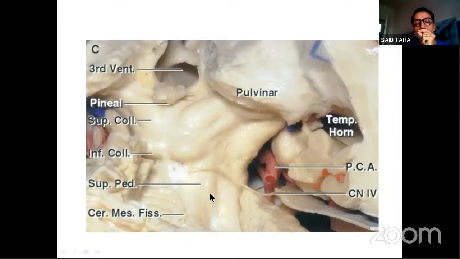Here is the superior cerebellar peduncle, and in the medial part.